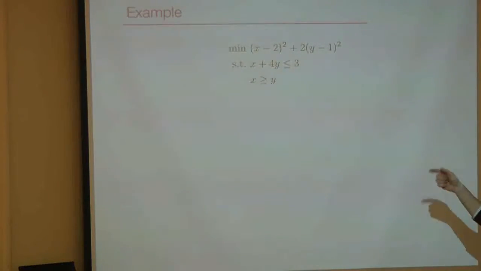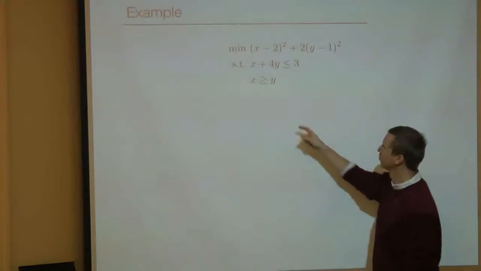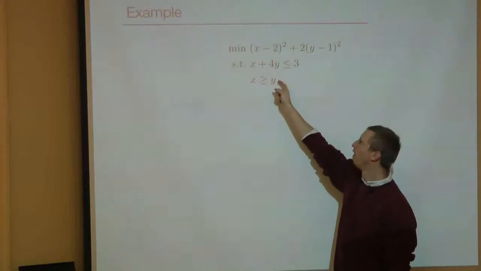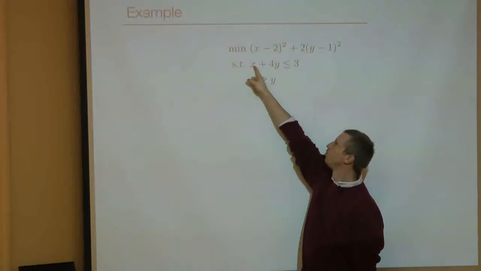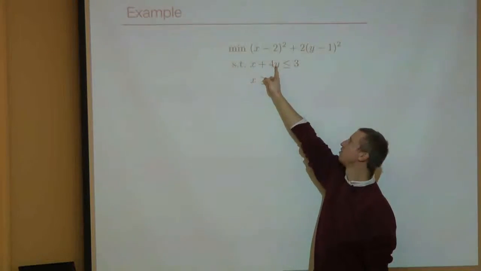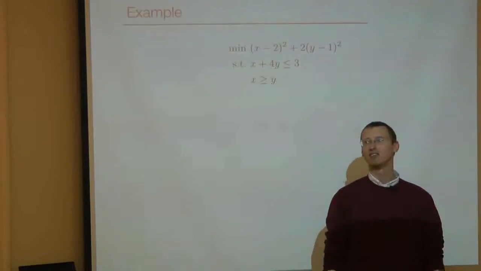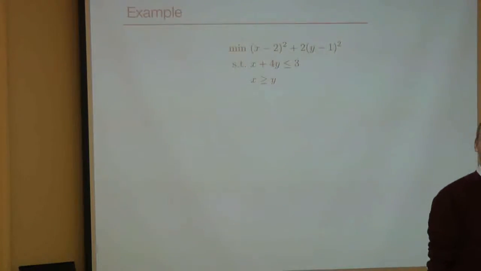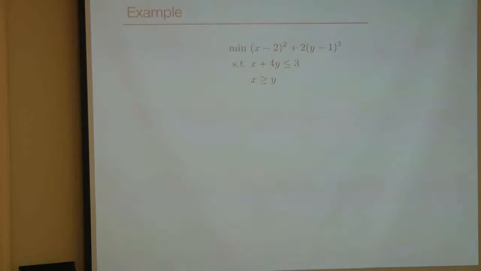So we are saying x is 2, y is 1. This constraint is satisfied, right? But here we have 2 plus 4, that's 6, and we are saying that must be less than 3, and it is not. Therefore, the solution is not so obvious. Okay? So we have to use the Karush-Kuhn-Tucker conditions to actually check all possible candidates.